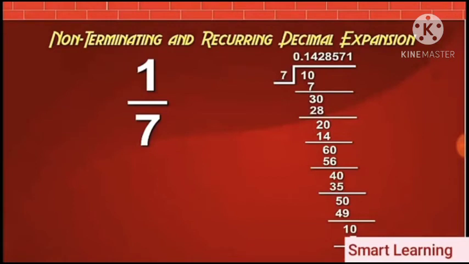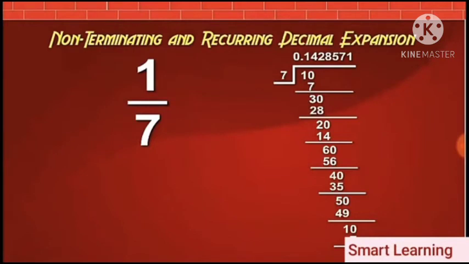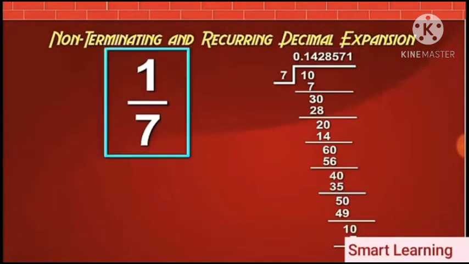Notice that the denominator here, that is 7, is clearly not of the form 2 raised to the power n into 5 raised to the power m. Therefore, we know that 1 upon 7 will not have a terminating decimal expansion. Hence, 0 will not show up as a remainder and the remainders will keep repeating after a certain step. So we have a block of digits, namely 142857, repeating in the quotient of 1 upon 7.